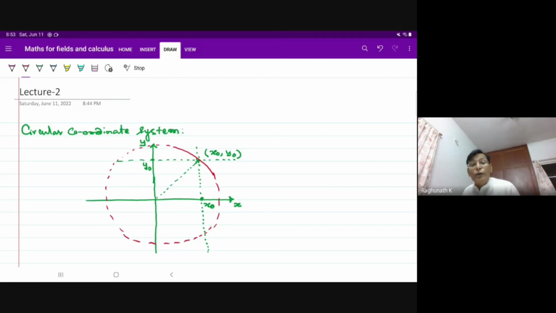This is the circle of radius r on which the point is lying, one line. Circle of radius, let us say rho.